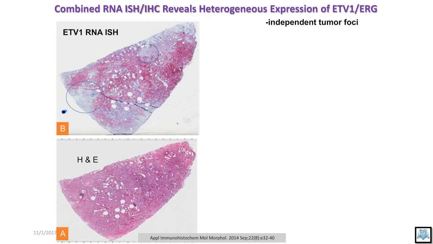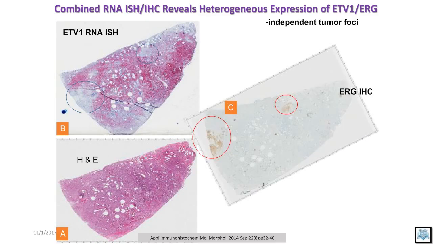Out of curiosity, since these are still cancer but negative for ETV1, on a consecutive slide we did the ERG immunohistochemistry, and we found that the area that is negative for ETV1 was positive for ERG. This was the first time we were able to see what is called intra-tumor heterogeneity, because at the histological level on the H&E, the pathologists call them all the same Gleason grade, without much variation.